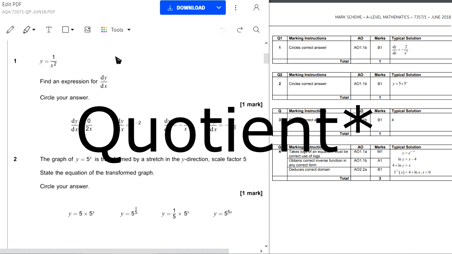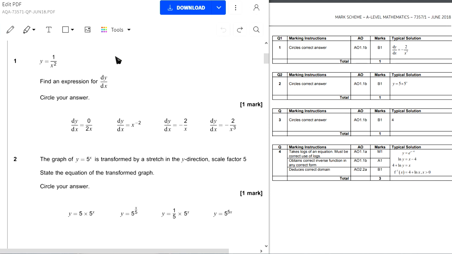Whilst this will give you the right answer, it's not necessarily the quickest way. I see there's only one term on the bottom, so I could easily rewrite this as x to the minus 2, because that's exactly the same.